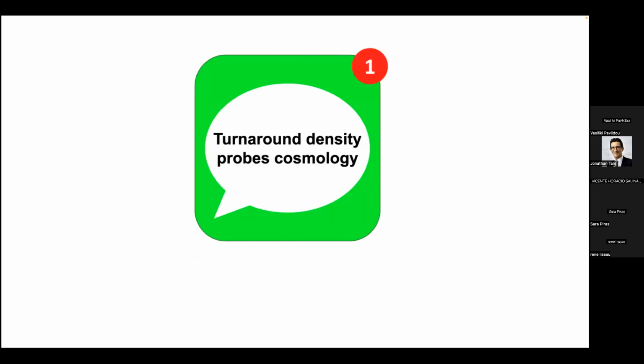All right, so back to message. Turnaround density probes cosmology. And for that reason, we should observe it, right? Okay. This is where everybody is along for the ride. If I give this talk to cosmologists, usually this is where the first objections come up. And they are of the following kind.